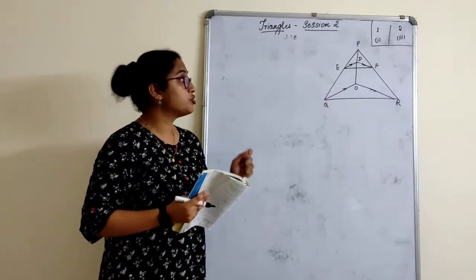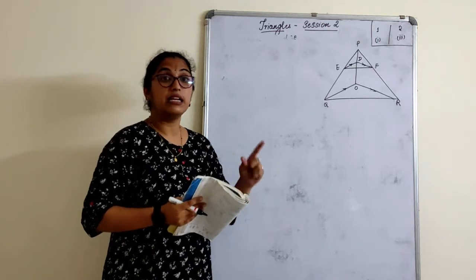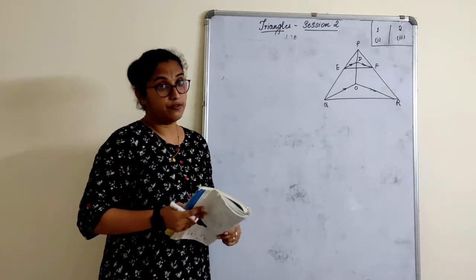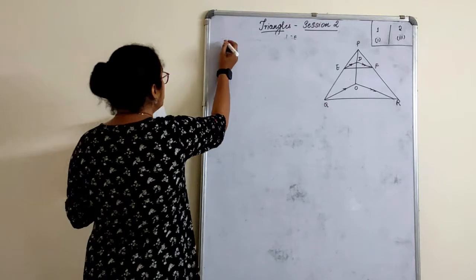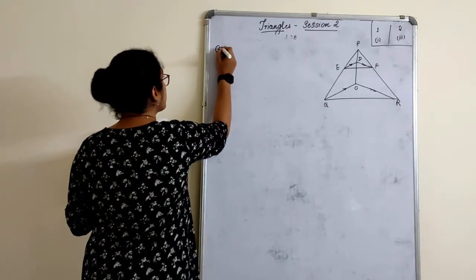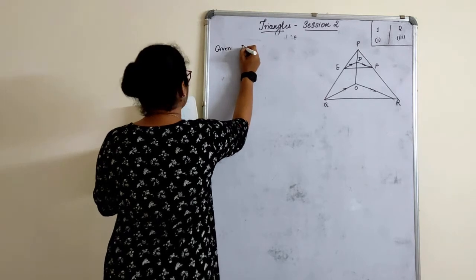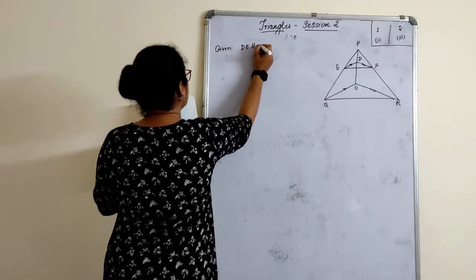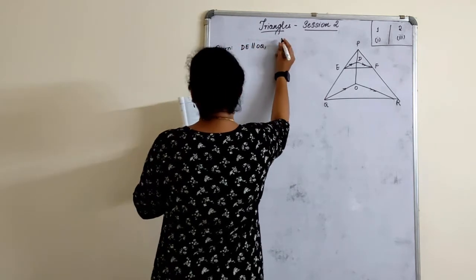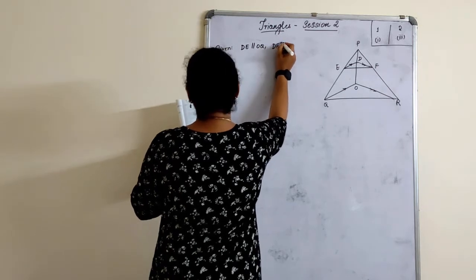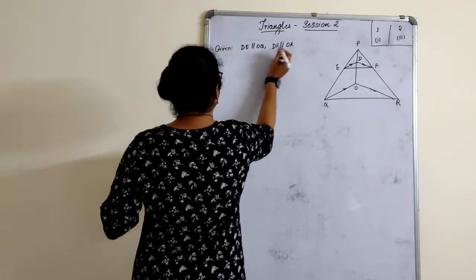Anytime they have asked us to prove that the lines are parallel, it is always proved by the converse. So we will use what they have given. First, we will only write what is given in the question: DE parallel to OQ and DF parallel to OR.